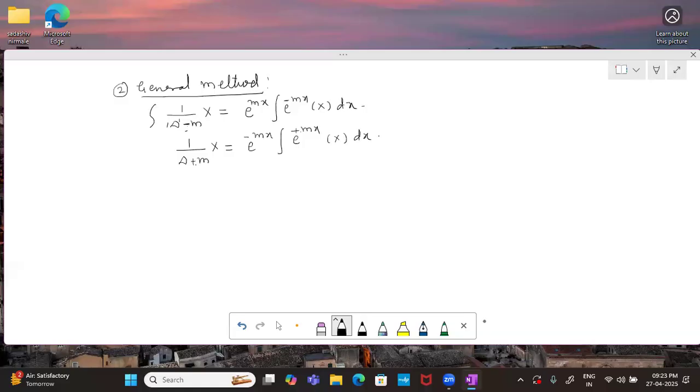So these are the two formulae in the general method when X does not belong to the shortcut method.